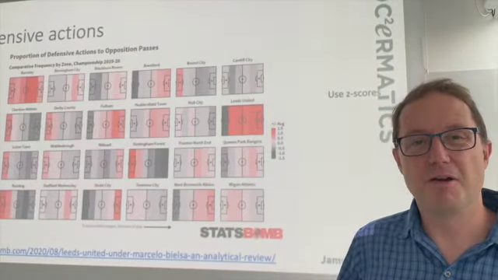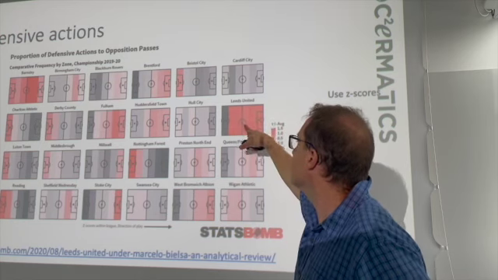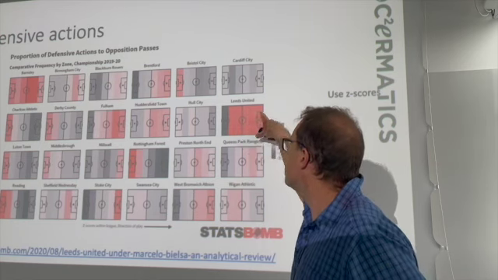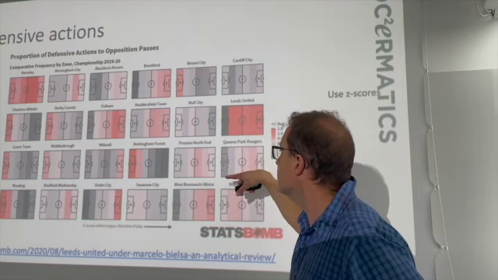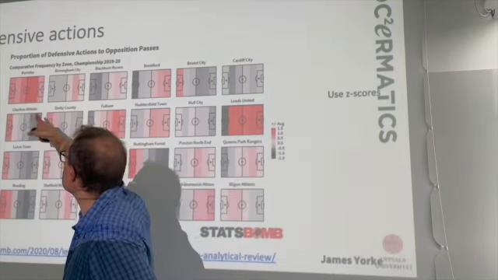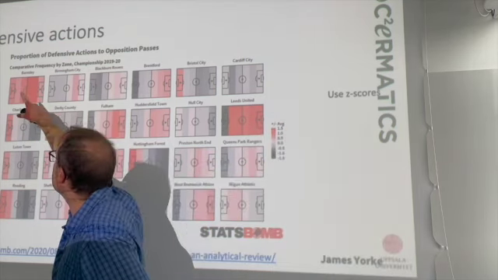To cut a long story short, and if you can read the article later, they illustrate very nicely how Leeds United were intensely pressing and doing a lot more defensive actions than any other team. The other team, who actually did very well the season afterwards, who were good on this, were Barnsley.